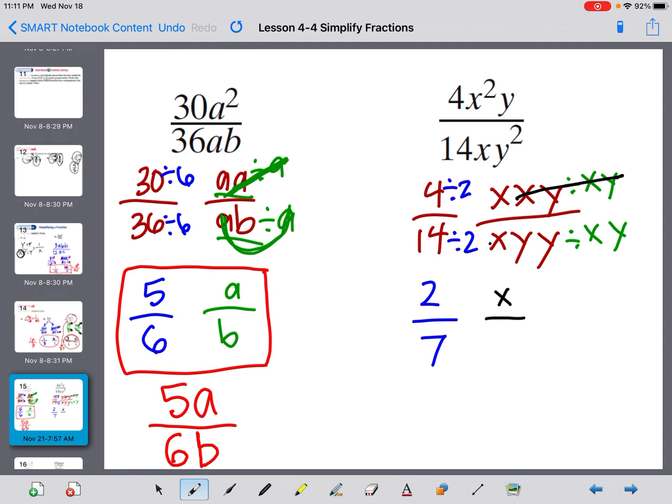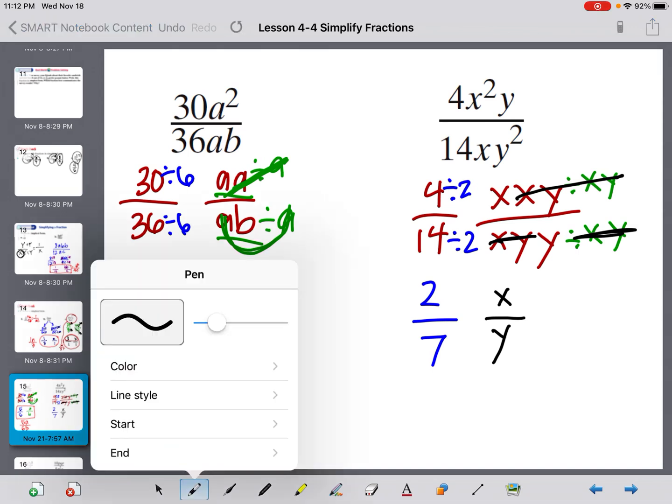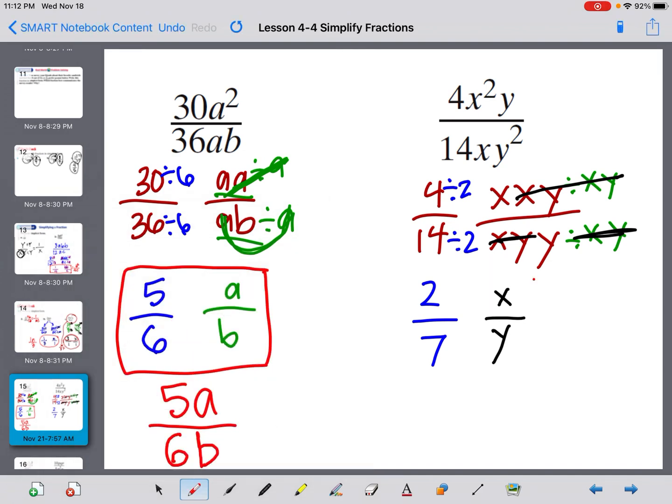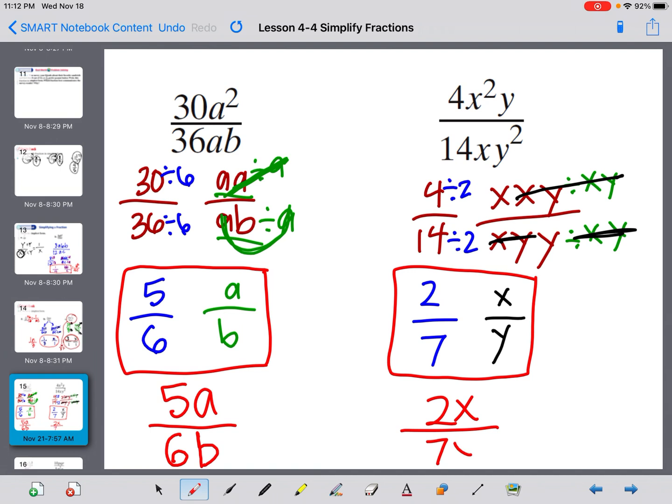Looks like I have 1x left on the top. I have 1y left on the bottom. No ones hiding on this problem. So I'm going to smush this back together. And I'm done.